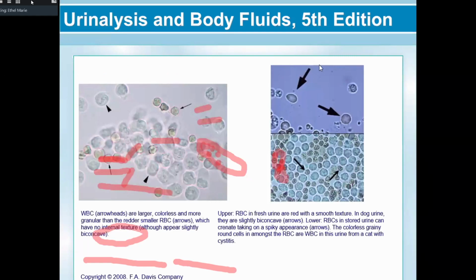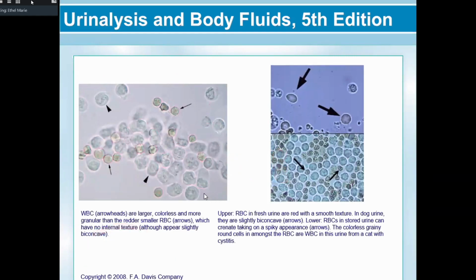Okay, so next, we have here a picture showing to us yung mga possible form elements na makikita po natin doon sa ating urine. So kung makikita nyo dito, these are your white blood cells, itong malalaking arrow na to. And these ones here are your red blood cells, yung mas maliliit.